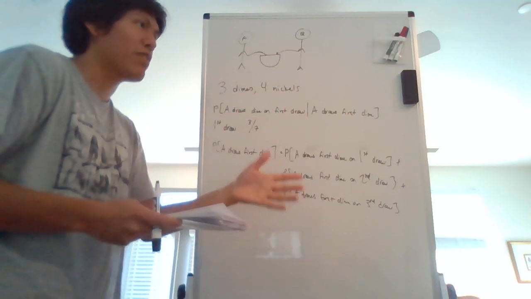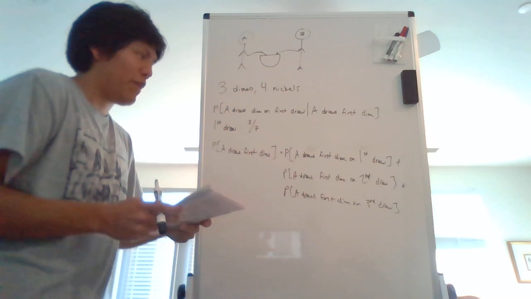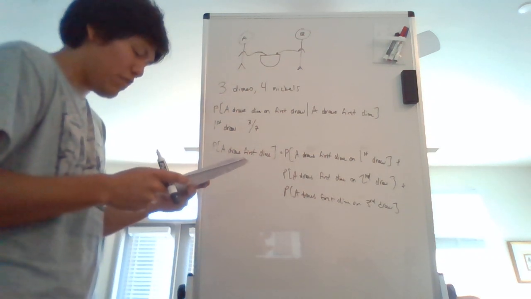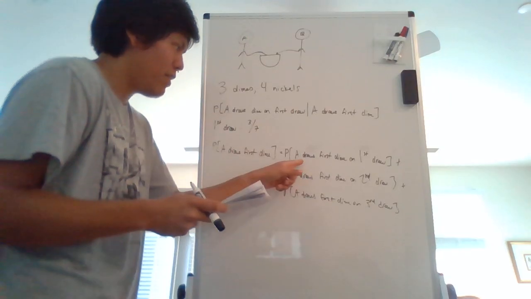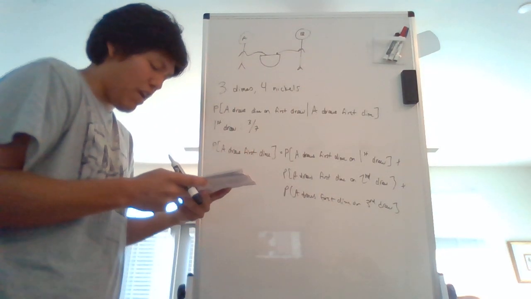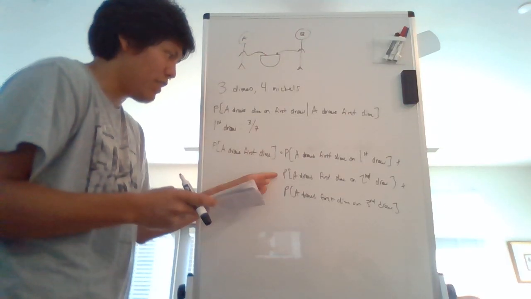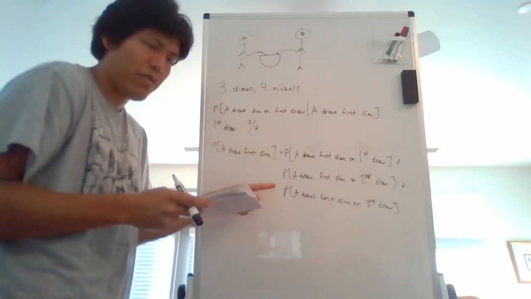Okay, that's all 4 nickels gone. Now A draws a dime. So we already have this probability, which is 3/7. And now what we have to do is find these next, whether it happened on the second or the third draws.